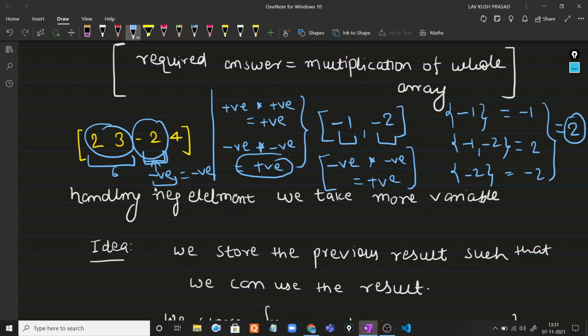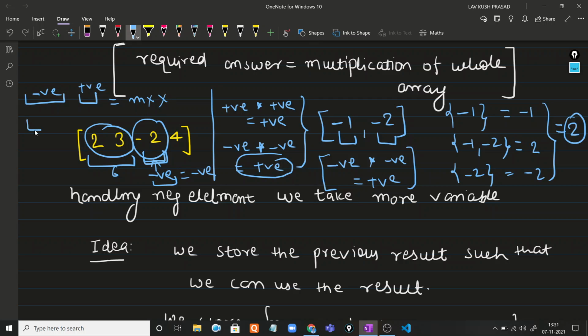So that's why we can take variables to store the result as a maximum and a minimum, such that when a number is positive and when a number is negative, we handle both. If the previous result is negative and the current value is positive, it's not going to give a maximum product, right?